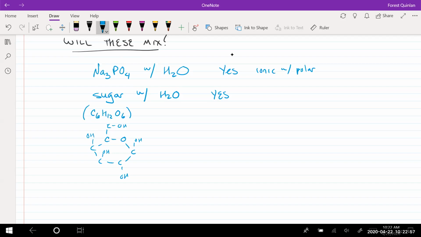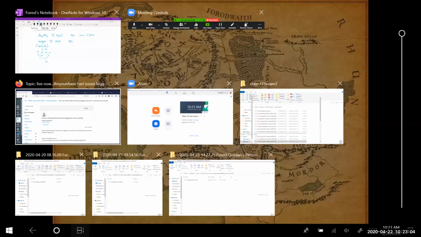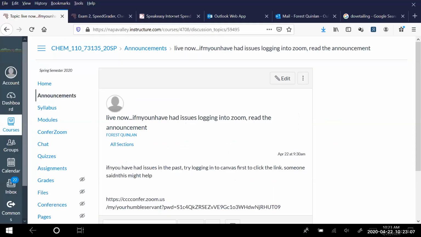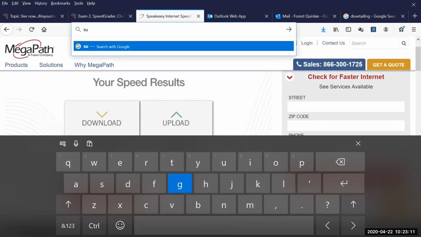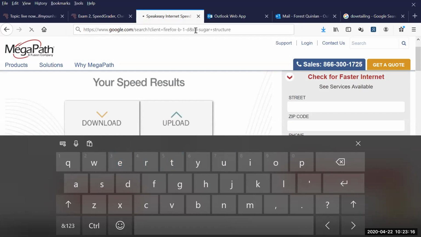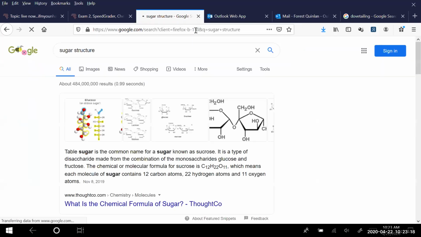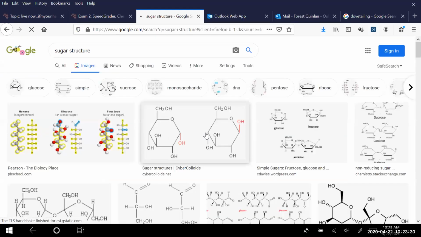It's something like that. I guess I should look it up if I'm going to put this in my notes. All right, let's go look it up. Let's do sugar structure. There we go. No, I just put the OH in the wrong spot. So it's pretty close.